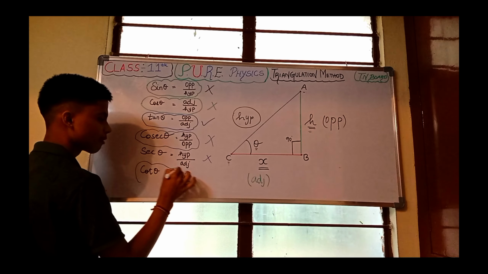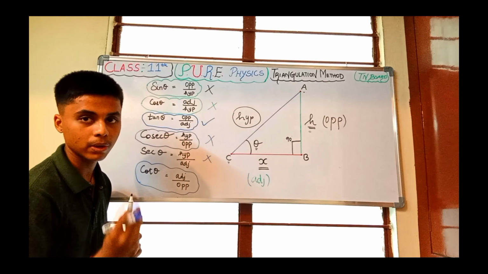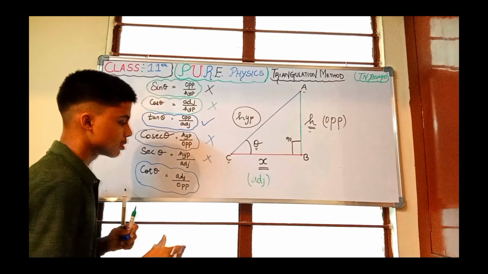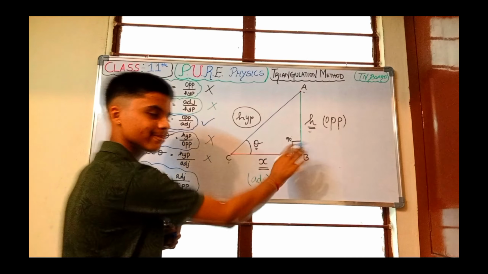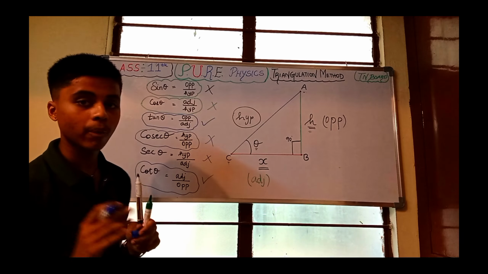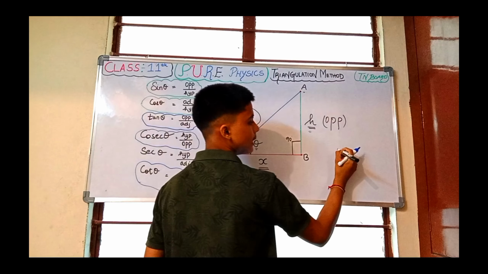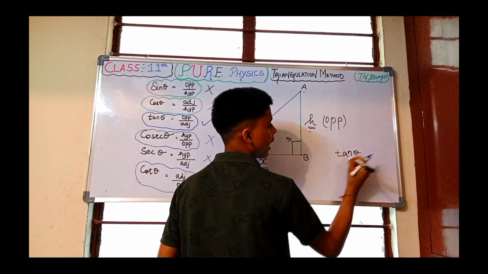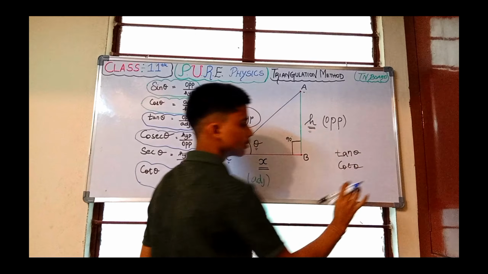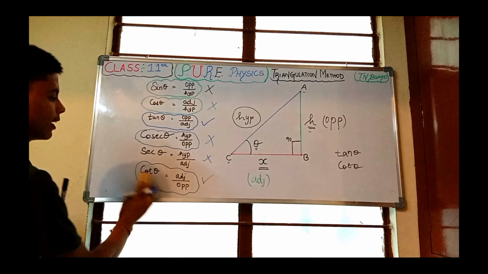But in the place of cot theta, we can substitute because there is no hypotenuse. I can substitute adjacent and opposite here. So this is also possible. So what are the 2 functions that I can use to derive the height of the tree? One is tan theta, and another one is cot theta.